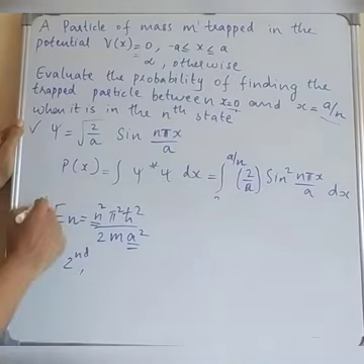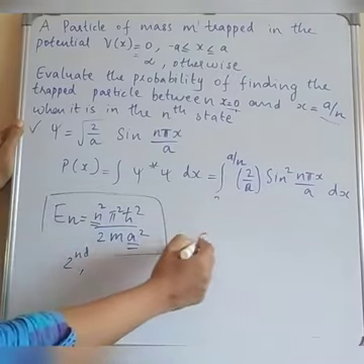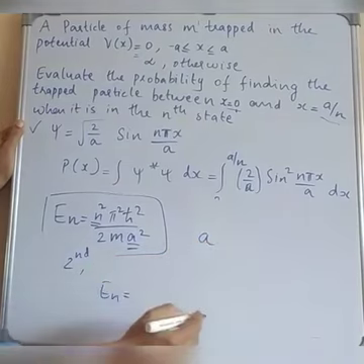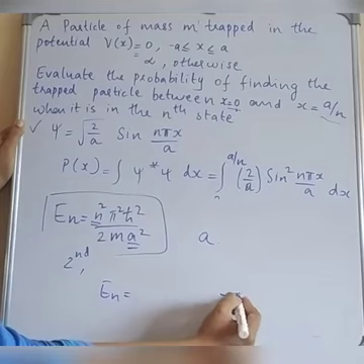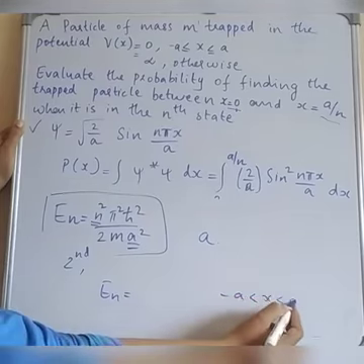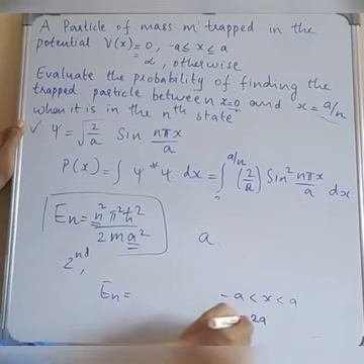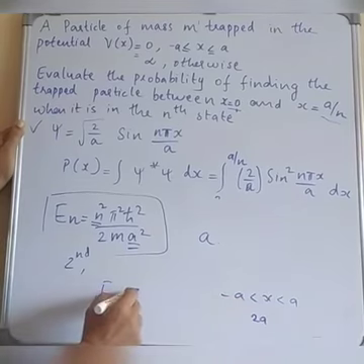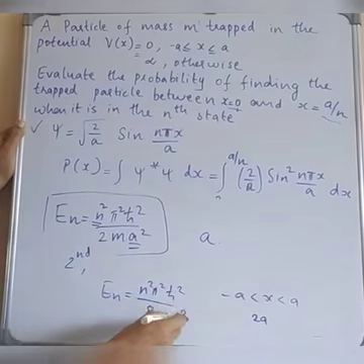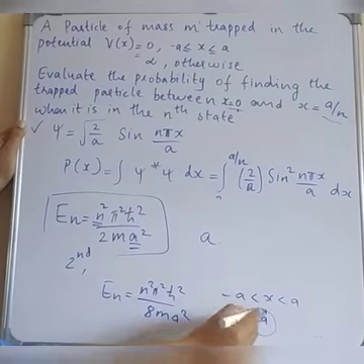If we use this equation, width is a. If we use the equation En, that is between the limit minus a less than x less than a, then width will be 2a. Then using the equation n square pi square h cut square divided by 8ma square, you have to find the value of 2a.